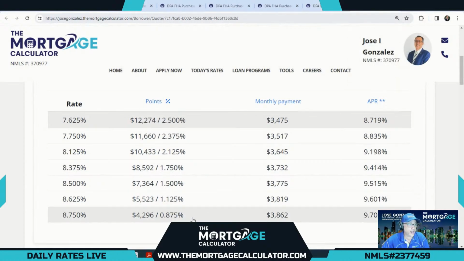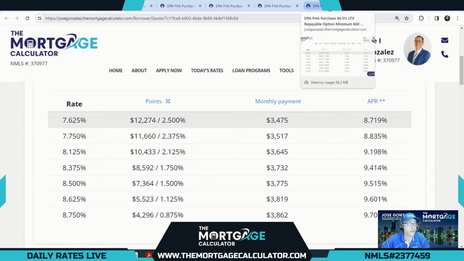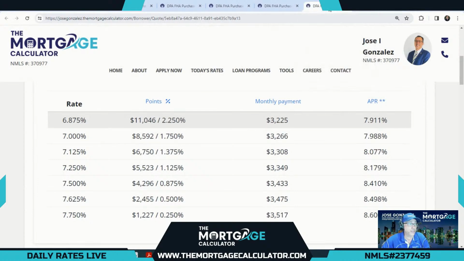Versus on this one, we don't have any option close to there. 7.75 is costing 2.375, so it's 2.125 points higher in cost over here. So it does eat up more of your DPA. If you want to get the lower rate, you're going to be almost where you started, because this is 2.125 points for that rate versus this one, which is 0.25 points.